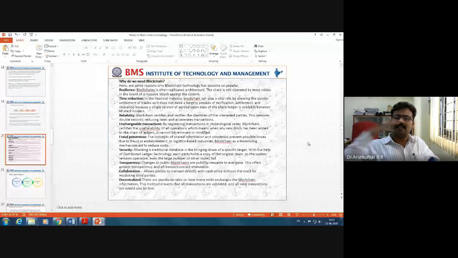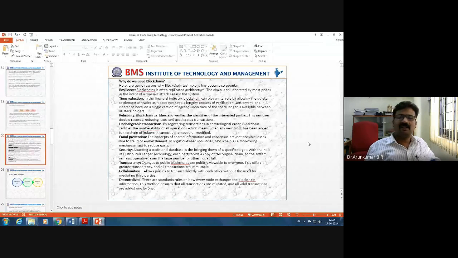If any change happens in a block, a new block is added, and for that a new hash will be created. Therefore, transactions cannot be changed. A new transaction can happen, and it certifies unalterability of all operations, which means when a new block has been added to the chain of ledgers, it cannot be removed or modified. That is the nature of the blockchain.